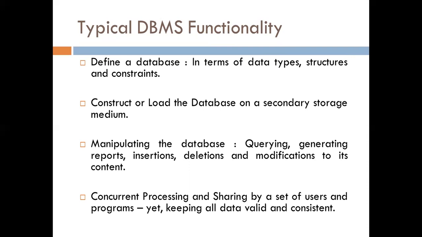And second, when we collect the 100 phone numbers, each number should be unique, which means no two students should have the same mobile number. That is another rule we are imposing on the information being collected. That is also called a constraint, and we call it a unique constraint.